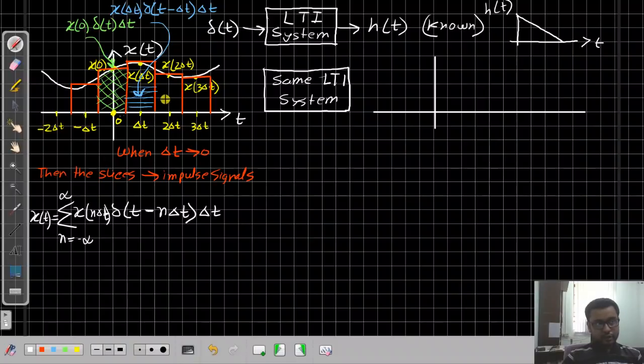To get the total output corresponding to this x of t, I have to add the effect of these individual impulses. Now for this impulse, which is located at time t equal to 0, that will give an output similar to this.